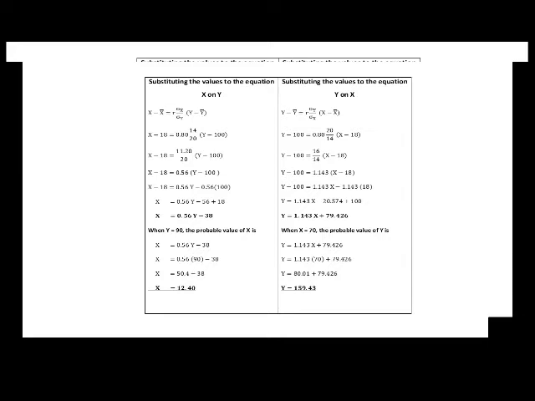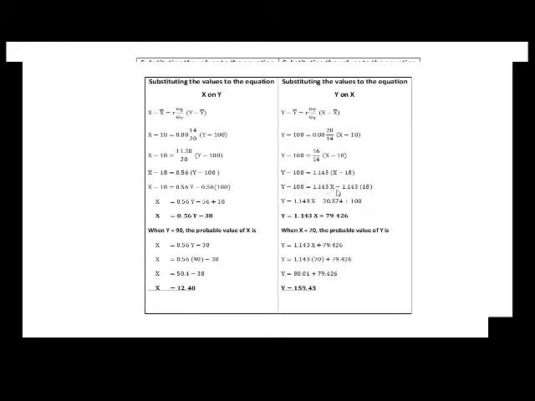Y minus 100 is equal to 16 divided by 14, times x minus 18. Next, y minus 100 is equal to 1.143 times x minus 18.